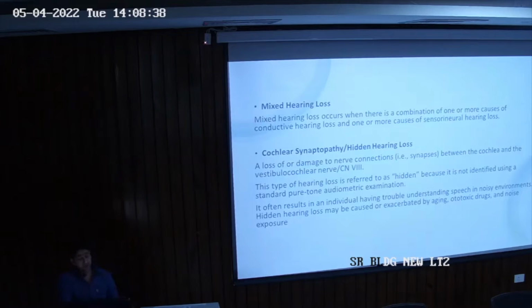Third is mixed hearing loss. It occurs when there is a combination of one or more causes of CHL and one or more causes of SNHL. The other one is cochlear synaptopathy, that is known as hidden hearing loss.